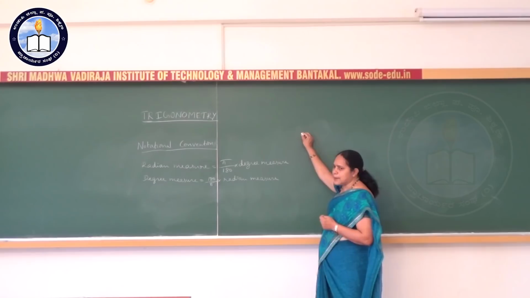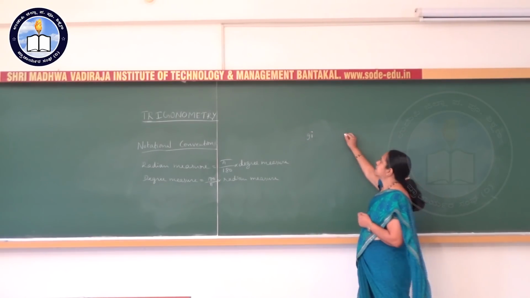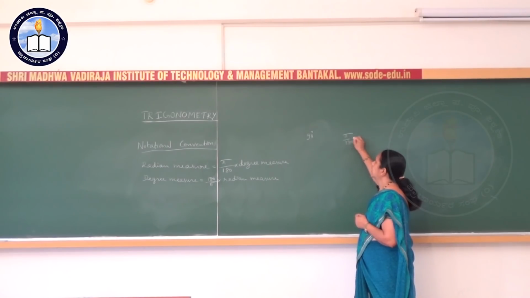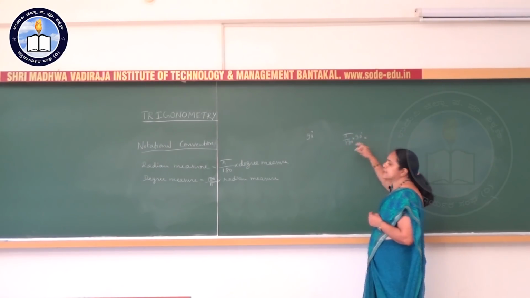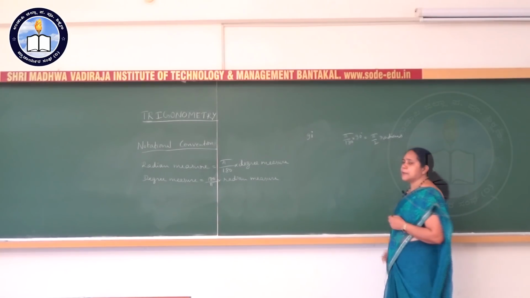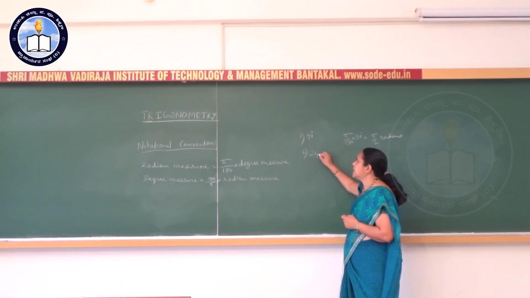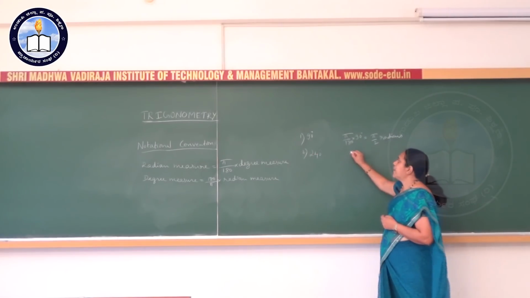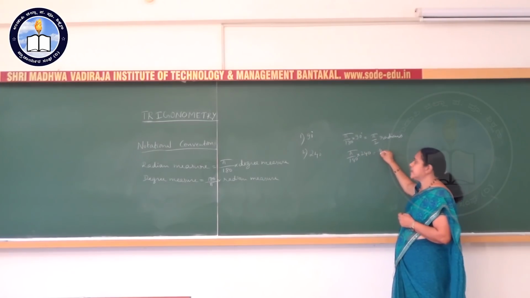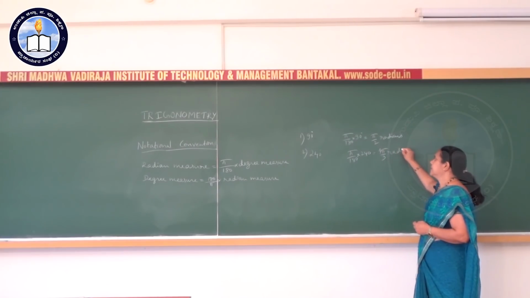I'll give some examples. What is 90 degrees in radians? It's pi by 180 into 90, that's equal to pi by 2 radians. 90 degrees is equal to pi by 2 radians. What is 240 degrees in radians? It's pi by 180 into 240, that's equal to 4 pi by 3 radians.